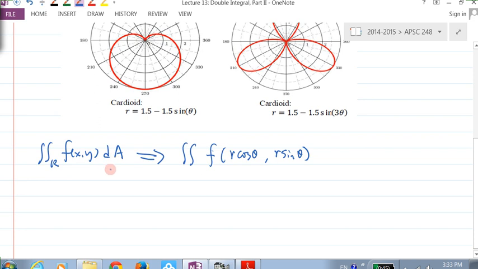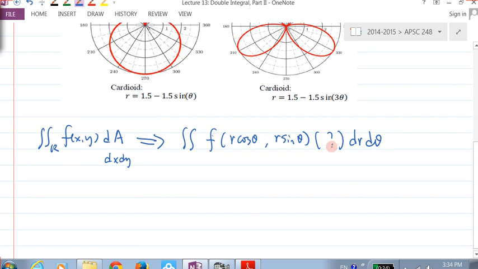The dA here is dx dy. We're going to integrate now with respect to r and theta, but the only problem is, what will this one here be? This is what we call a scaling factor.